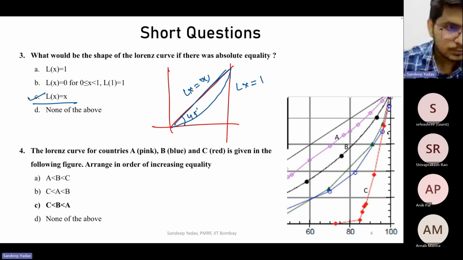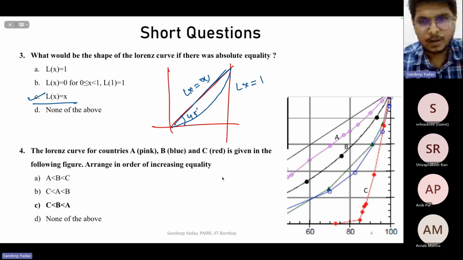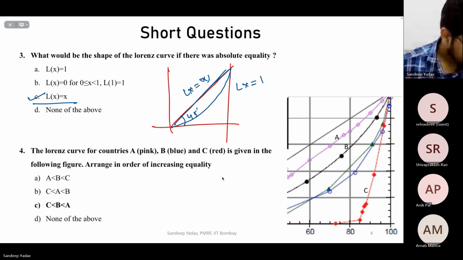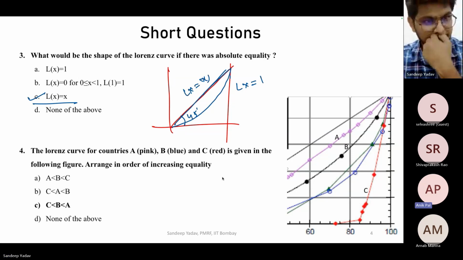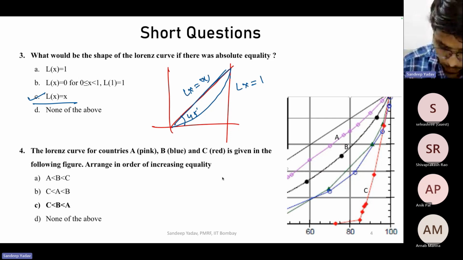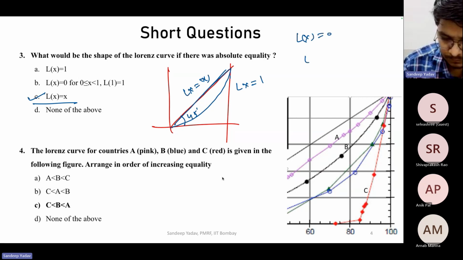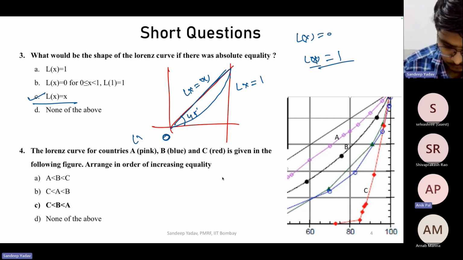Do you have any doubt in that? So what will this curve be for Lx equal to 0? The Lorenz curve lies between the Lx equal to 0 condition and the Lx equal to 1 condition.